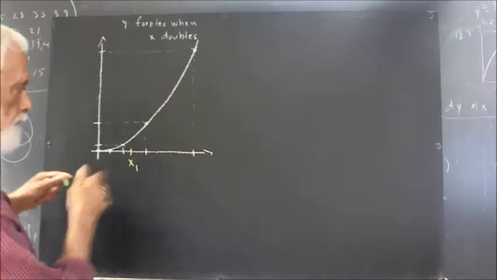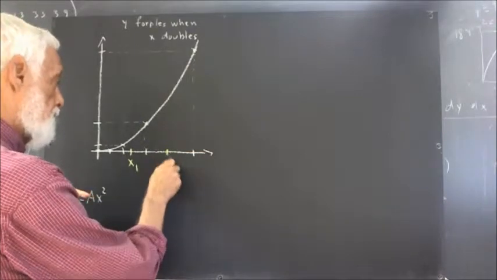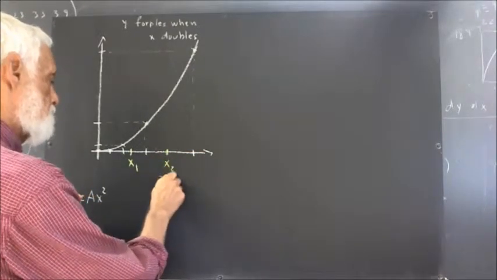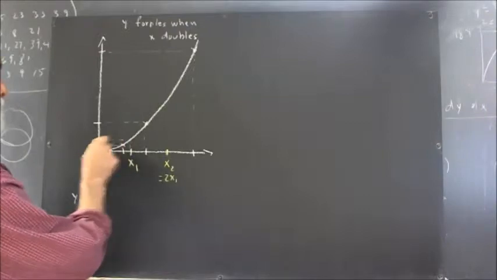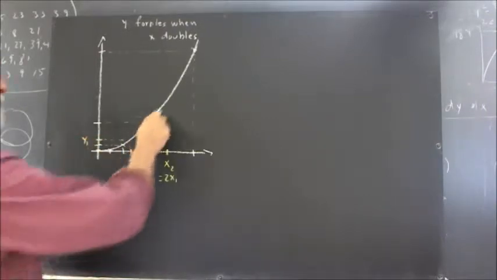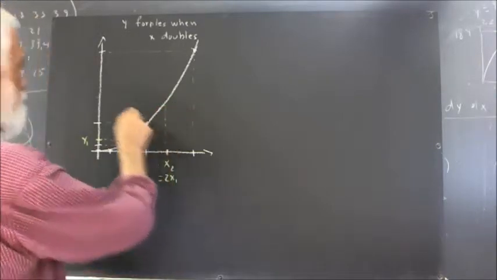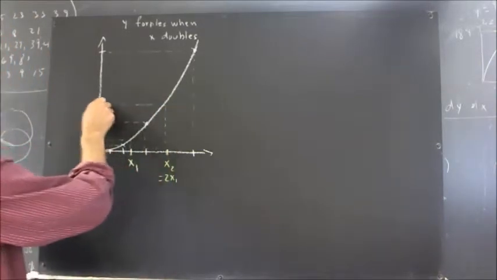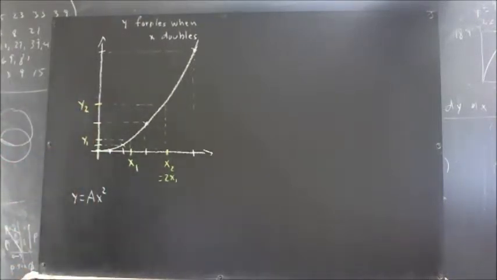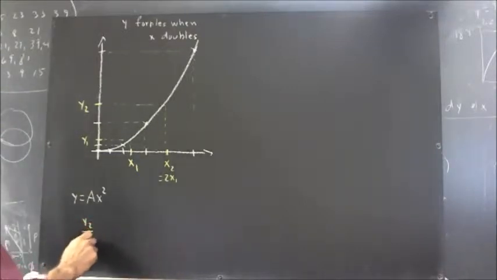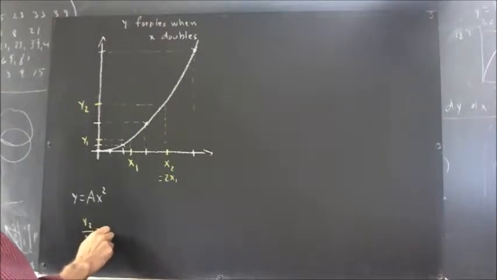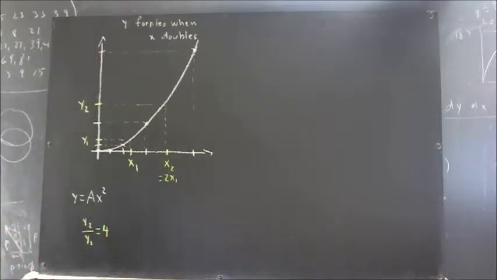X1, then if x2 is double x1, then the resulting y values, which we would call y1 and y2, have the characteristic that y2 over y1 equals 4? Question mark. Okay, how do we do that?